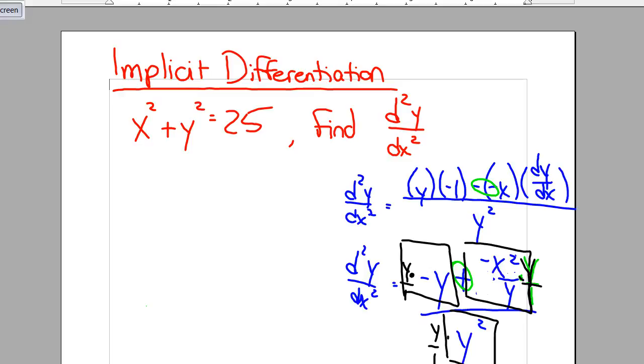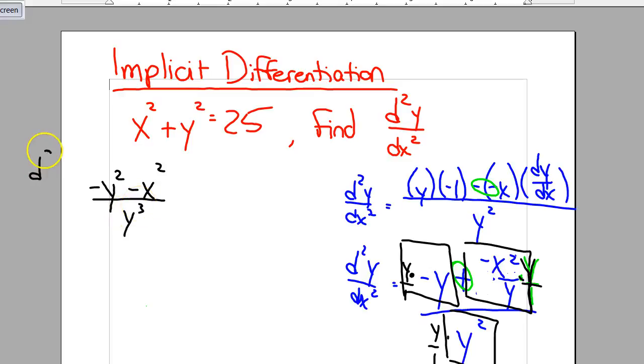So then what I end up with, what's y times negative y? Negative y squared. What's negative x squared over y times y? Negative x squared, because the y's cancel. At the bottom I have y to the third, right?